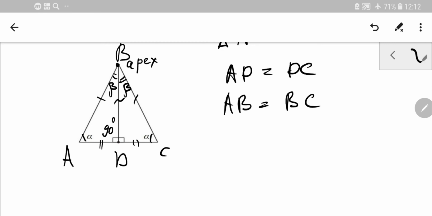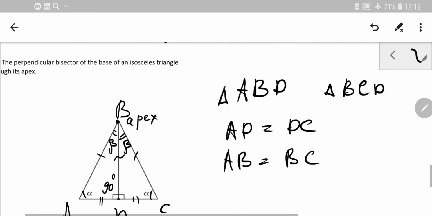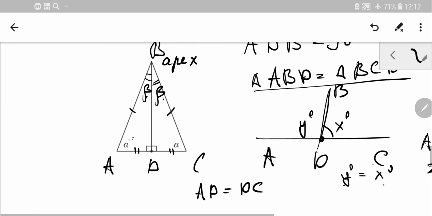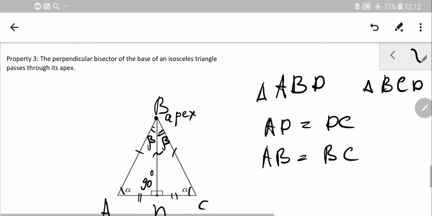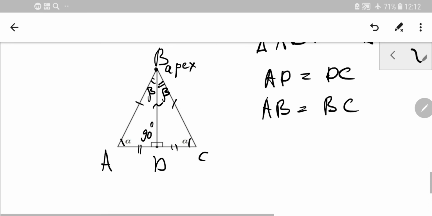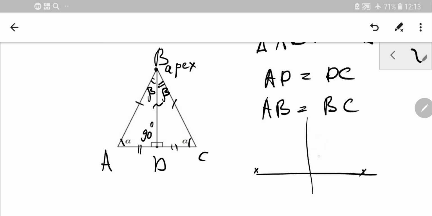So that's why, according to property 2, the angle bisector of the apex of an isosceles triangle bisects the base at right angles. That's where we have the 90 degree angles. And in this case, according to the definition of the perpendicular bisector, just remember how to build this bisector.